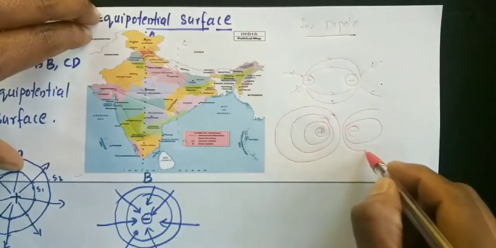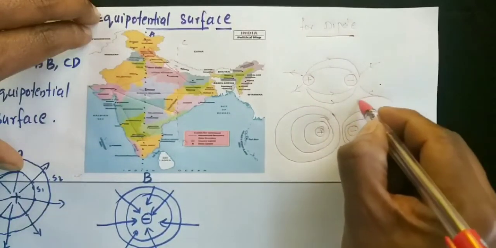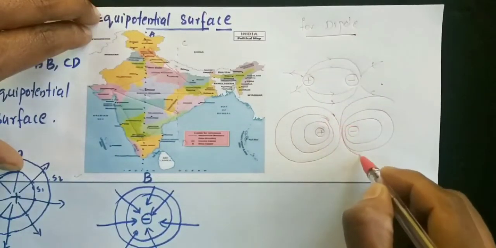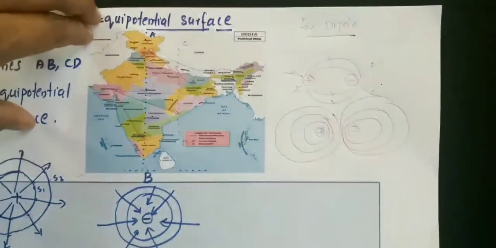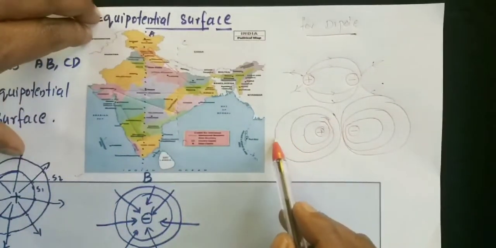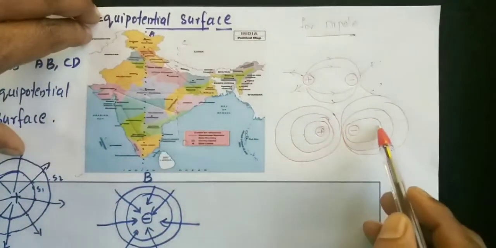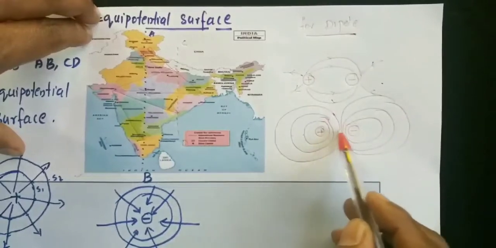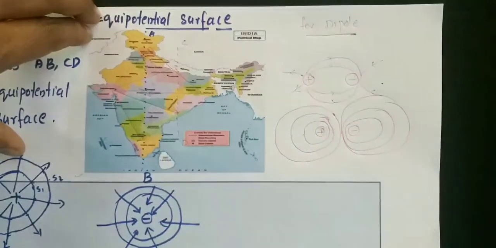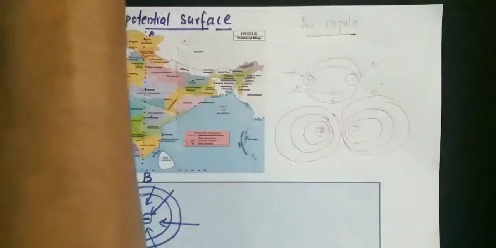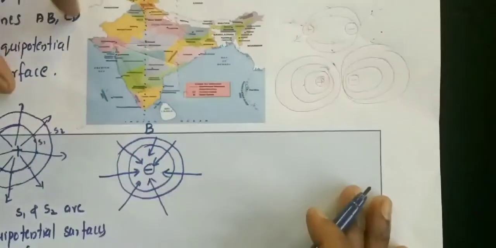But there is some tricky difference. You may see clearly that in the space between the positive and negative charge, the spheres will have small gaps, but outside the positive and negative charge, that means left side and right side, you can see the gap is very small.